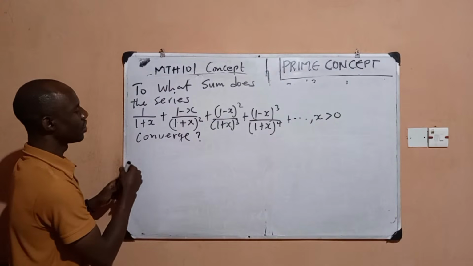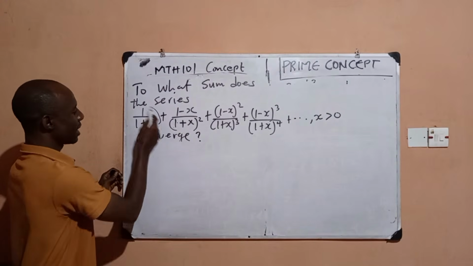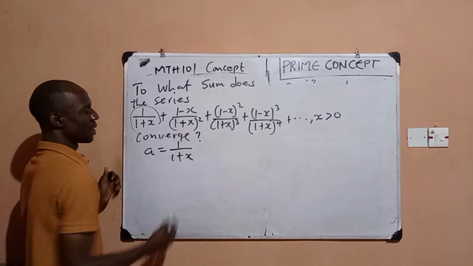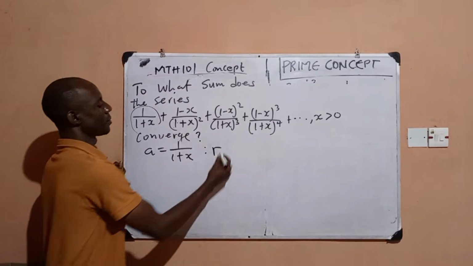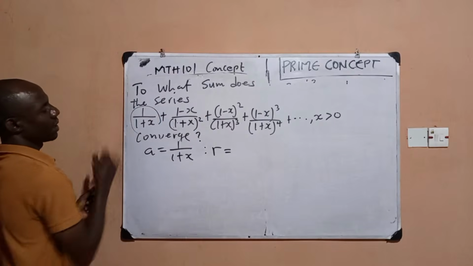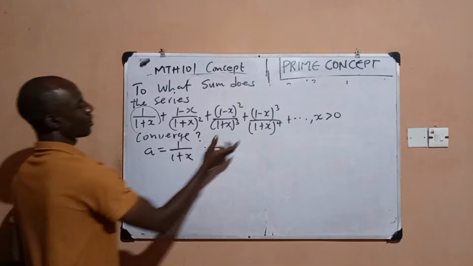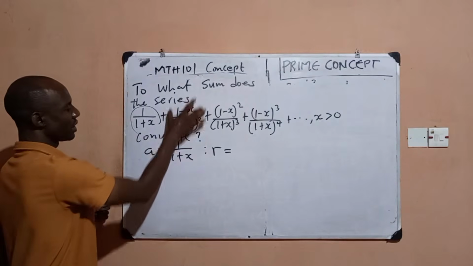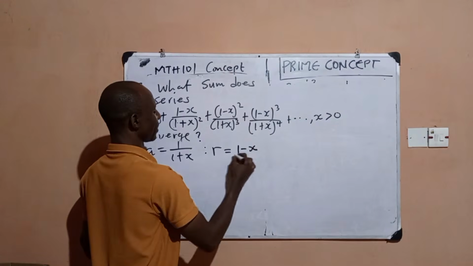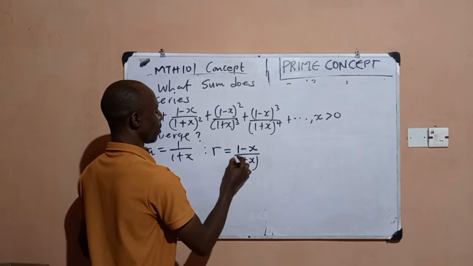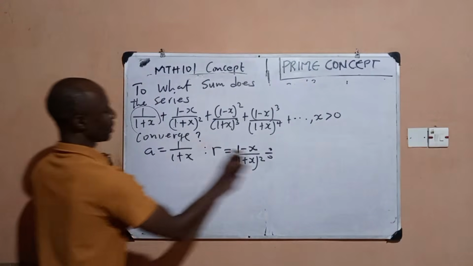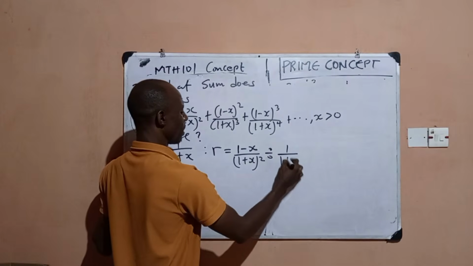So if this is the sum of a GP to infinity, the first term A is 1 over 1 plus x. Now I want to find our common ratio R. Our common ratio is going to be this divided by this, or this divided by this. Let me use this divided by this. So 1 minus x over 1 plus x all squared, that is this part, divided by 1 over 1 plus x.